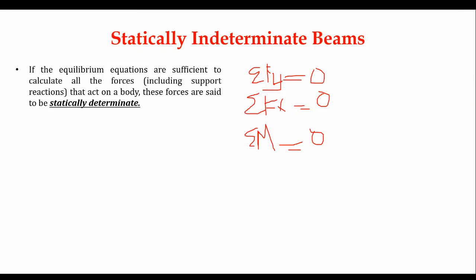So, if makaya ra sa tulo ka equilibrium equation ang pag-solve sa forces sa usa ka structure, then your structure is what we call statically determinate structure. Okay? Kasi makaya lang sa 3 equilibrium equation ang unknown sa imuhang structure.